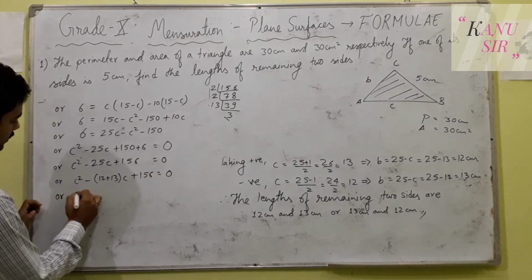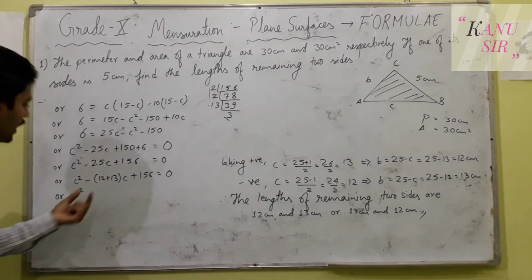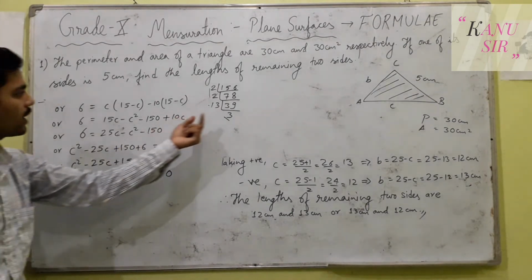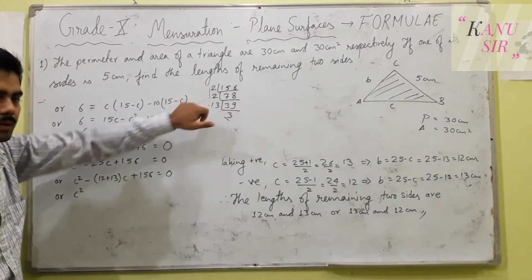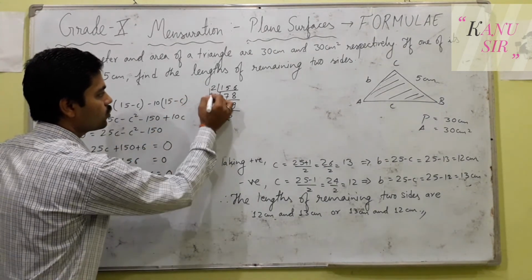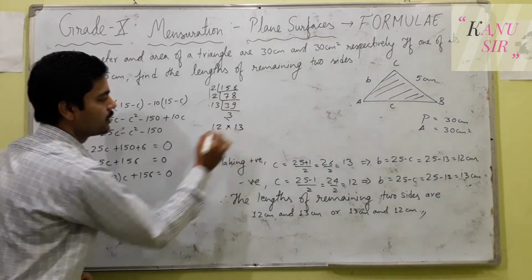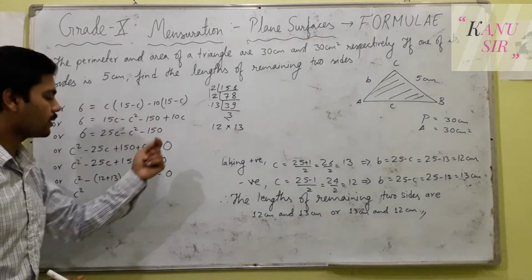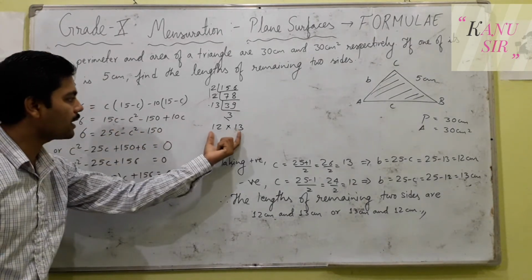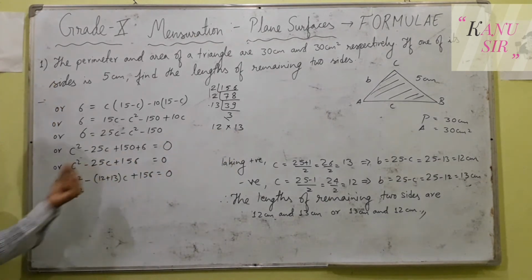What did I do here? We have to rearrange the numbers and consider the multiplication of those numbers, like 2² times 3 is 12, and 13. So we have to check the numbers by multiplying, it must come 156, and by adding it must come 25.